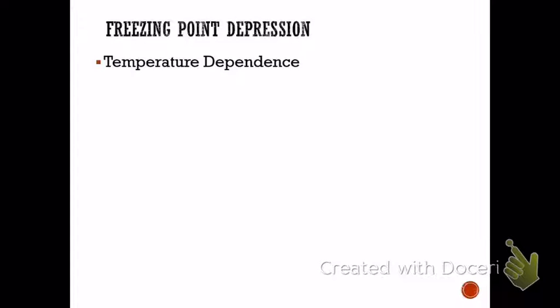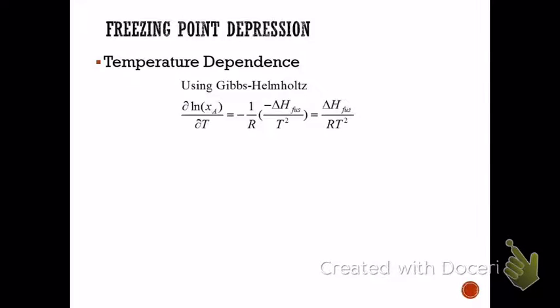Now, looking at the temperature dependence then requires that we take the derivative with respect to temperature, and we use the Gibbs-Helmholtz relationship that we developed earlier, and that's given here by this partial derivative being equal to negative delta H over T squared. And again, this is something we derived earlier in the semester.